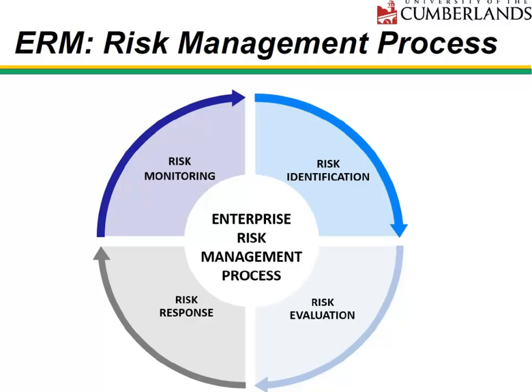We ask what could affect our organization, what events might occur, what are the sources of uncertainty we might face. This is not a one-time exercise, it's ongoing, because new risks will emerge and existing risks might disappear or change.